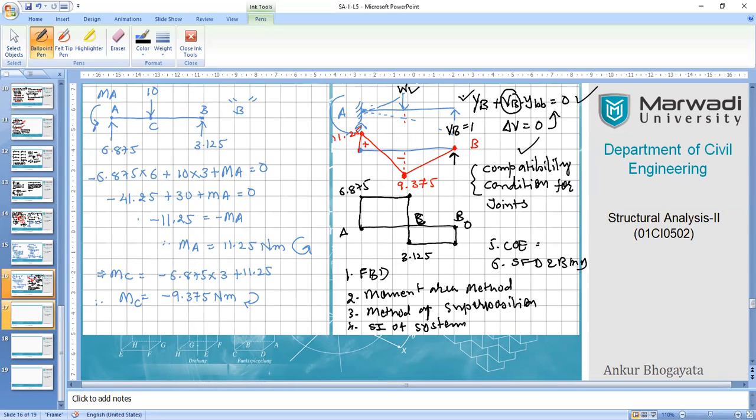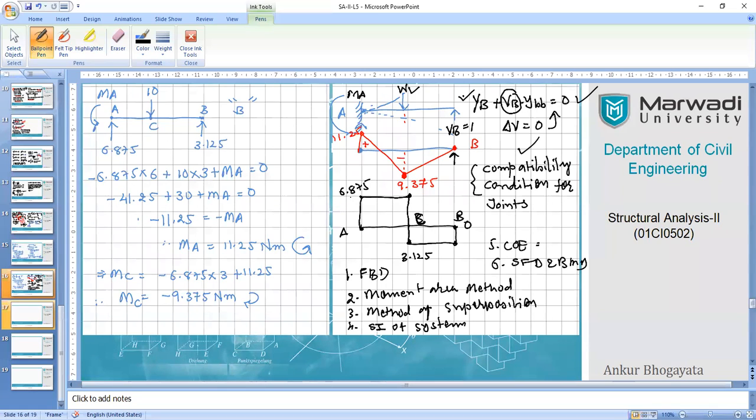Now, because we had to write the compatibility equation in terms of vertical reaction, because we selected the vertical reaction as redundant. If you select moment as redundant, this equation will not be similar, it will be different. And in that case, we may not be effectively using moment area method for the same solution.